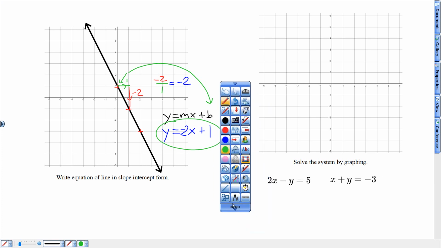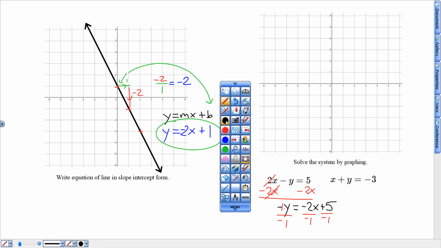All right, let's keep going. Solving these for y and x. Bring down the negative y. Divide everything by this negative 1 right here.